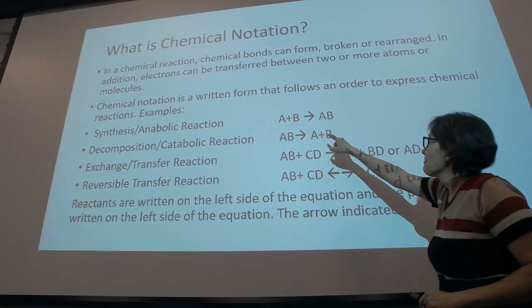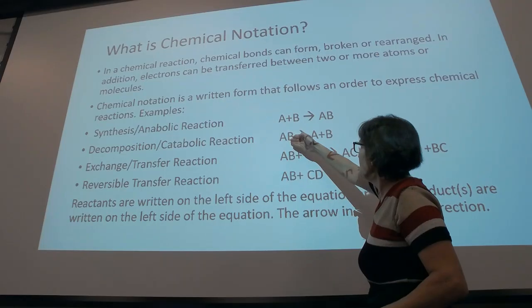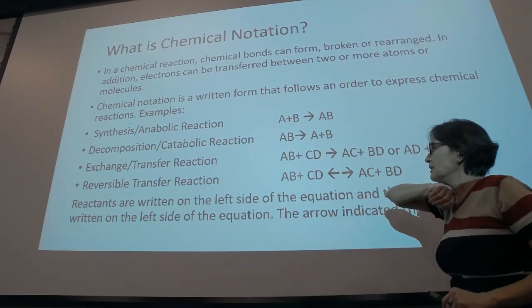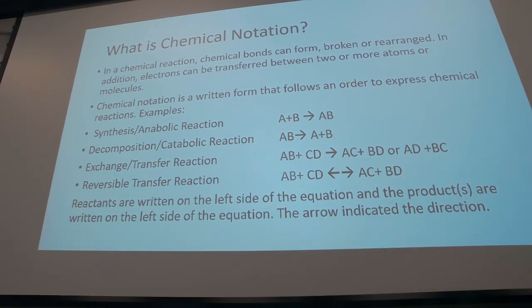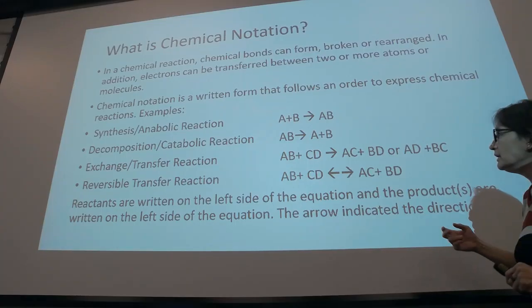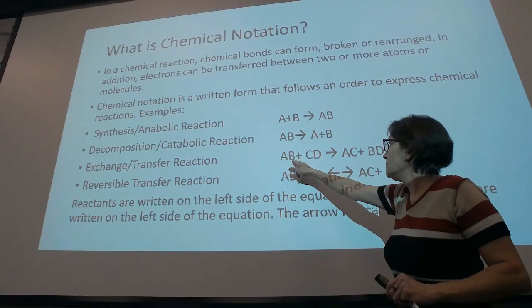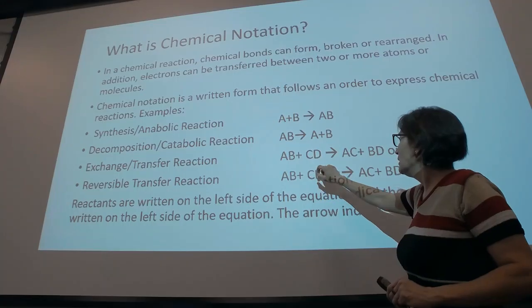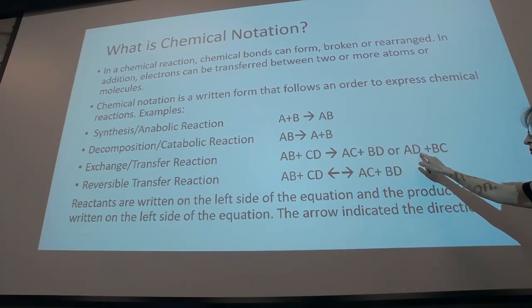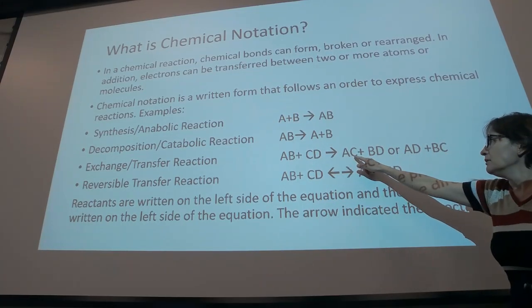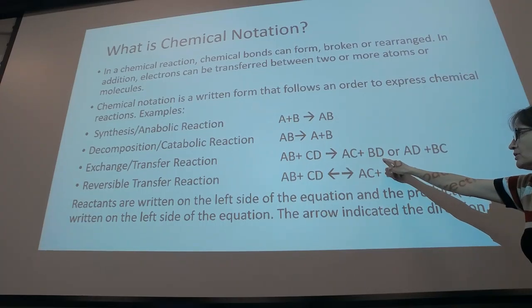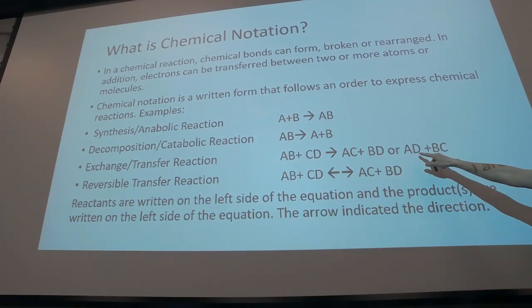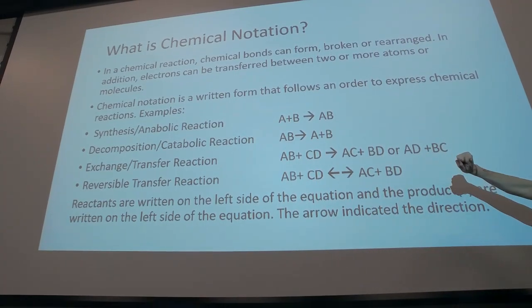So in this case, it will be AB, you break down the bond, and then you create A plus B. You can also have chemical reactions in which you exchange or transfer molecules. In this case, you have AB plus CD, and you can have the following products: AC plus BD, which are different from this, or AD and BC.